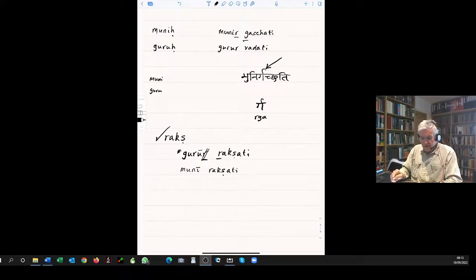So without sandhi, Ramah gacchati becomes Rama gacchati, and the heroes go. Without sandhi it would be Virah gacchanti, but what happens? G, a voiced consonant, so the visarga drops. Vira gacchanti.